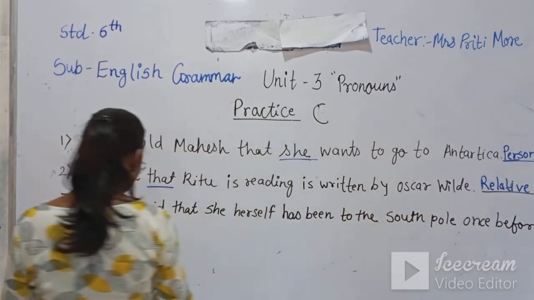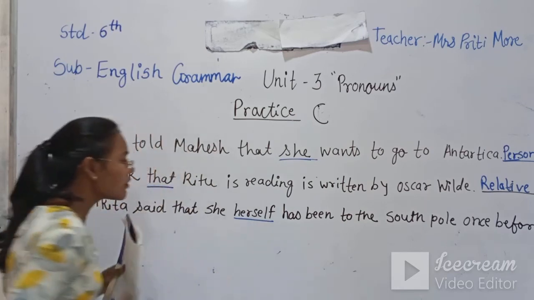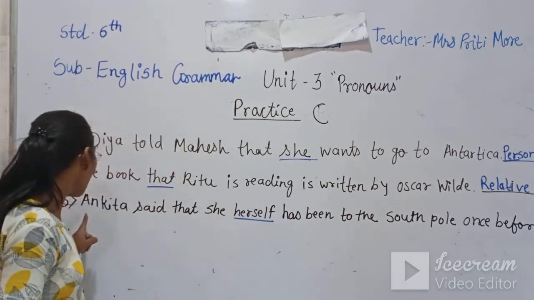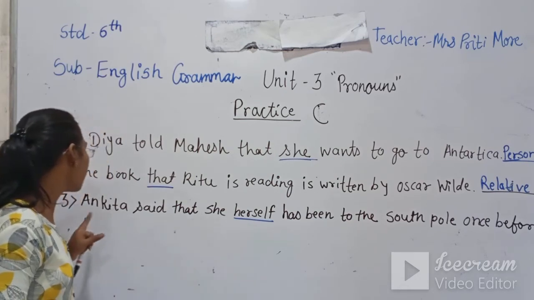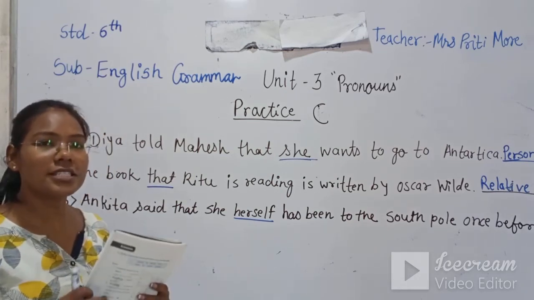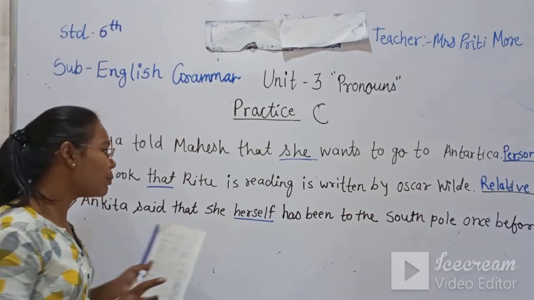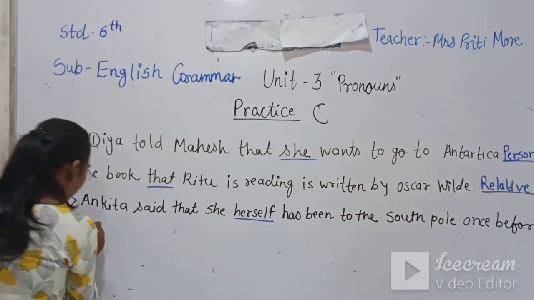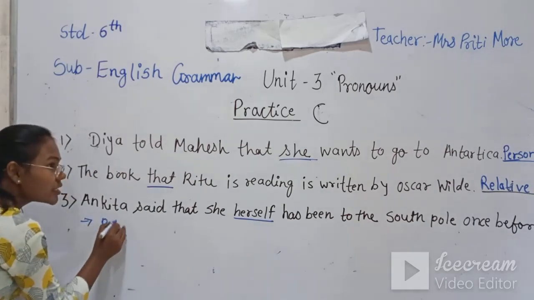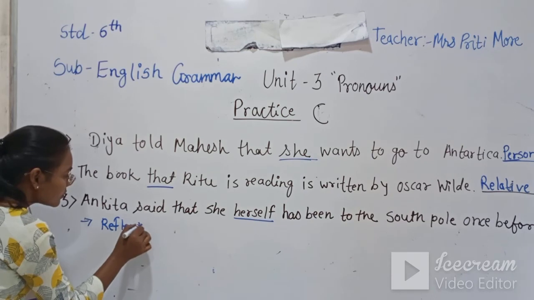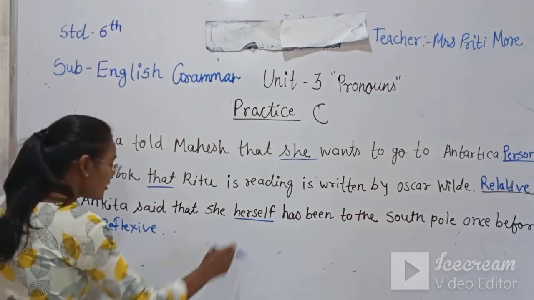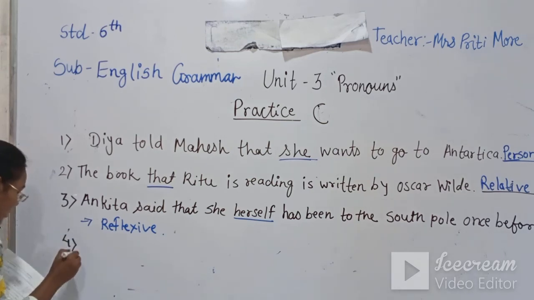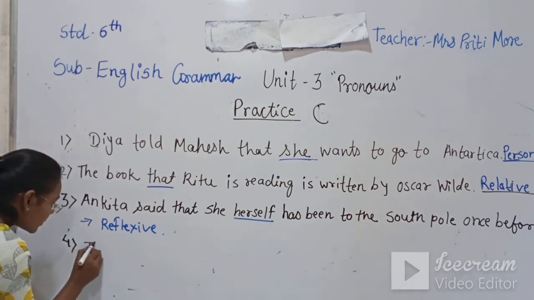Now here herself is underlined. So herself, this pronoun is telling us about Ankita. That means this herself is for Ankita. And herself is the type of pronoun which is reflexive. So here write reflexive. Herself is a reflexive pronoun.